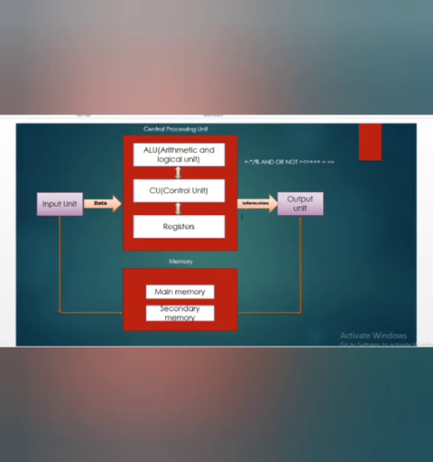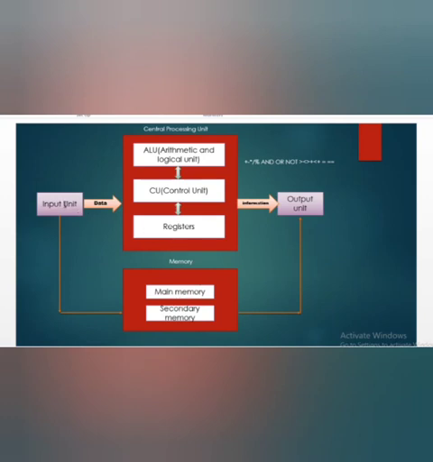Information is nothing but fruitful data that may be useful for further tasks. The output unit is a collection of one or more output devices, used to print or display the result which is stored in the memory unit.